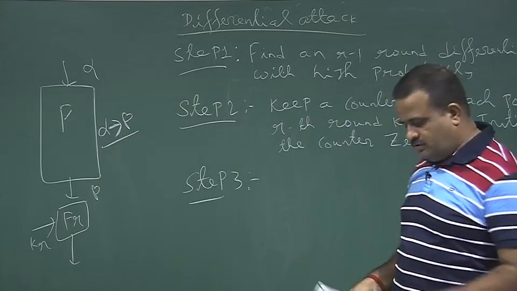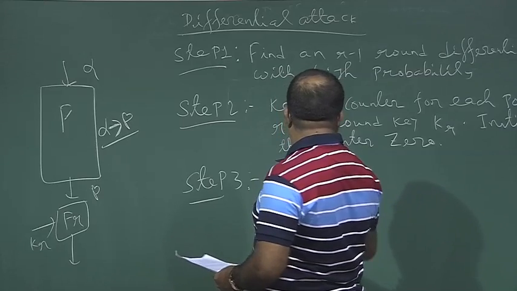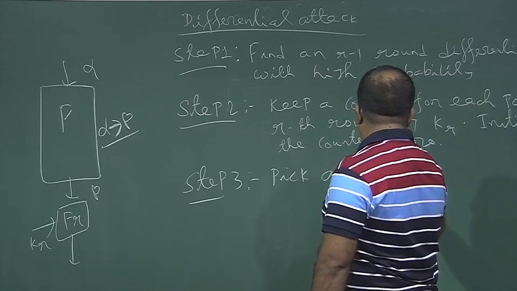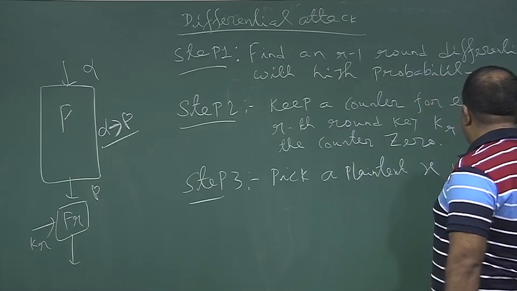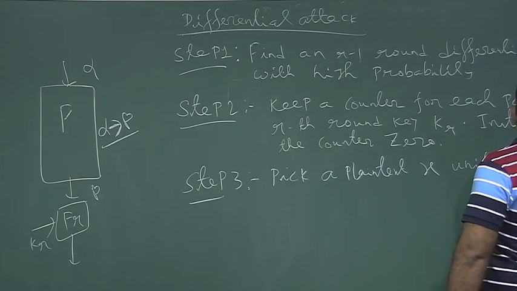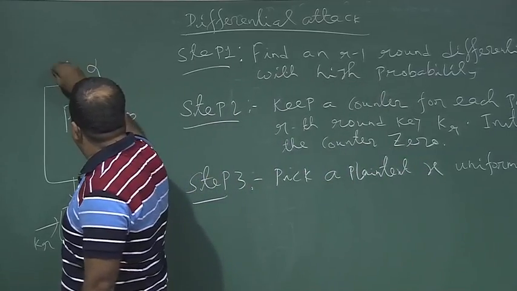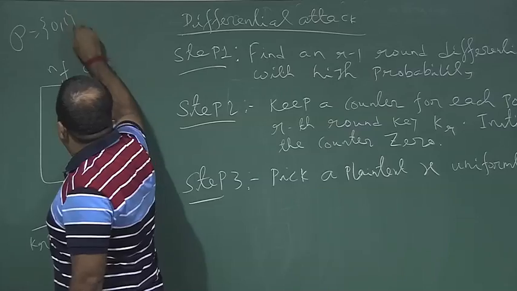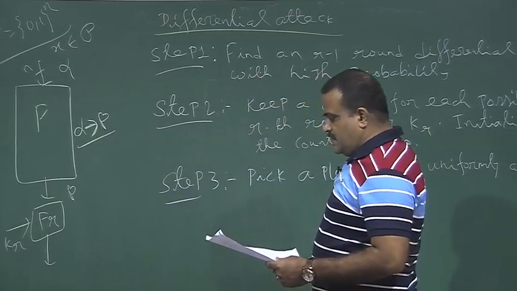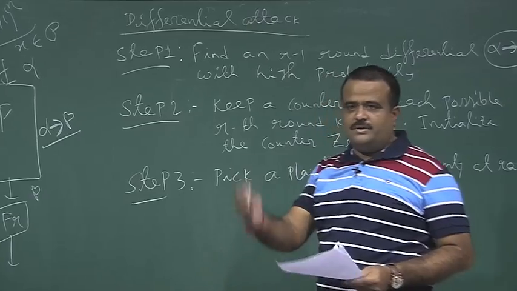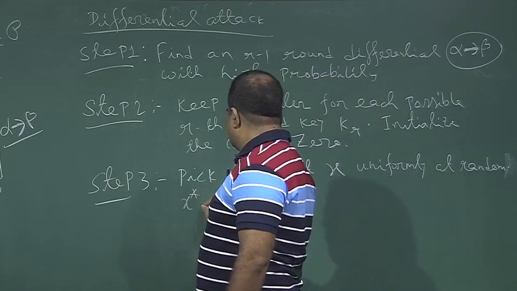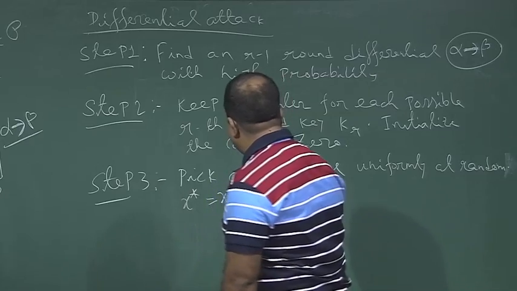For that, we pick a plain text x uniformly at random from the plain text space, all possible n bit vectors. Then we take x star, which is x XOR alpha, another plain text.